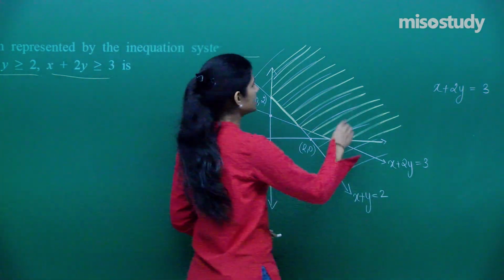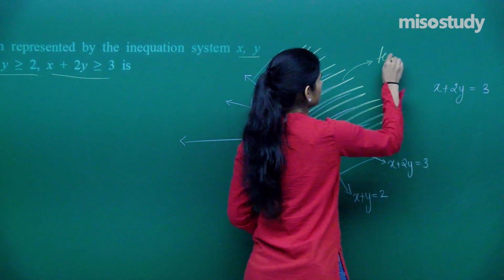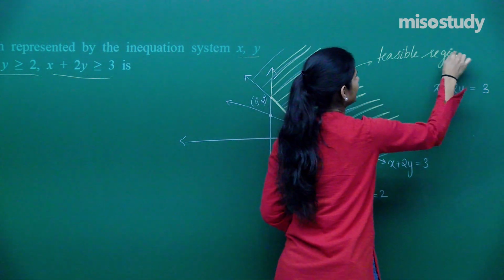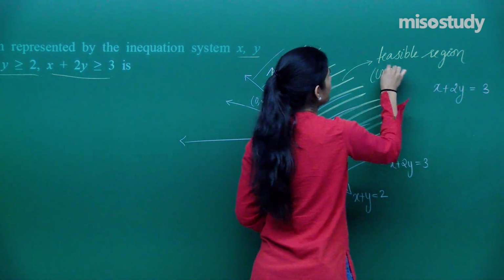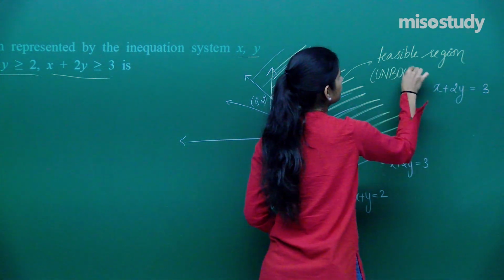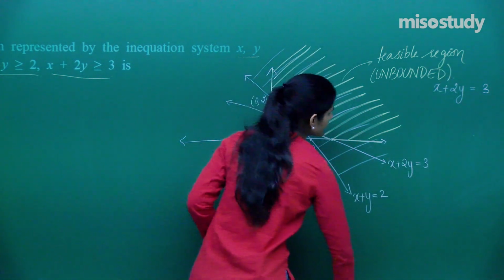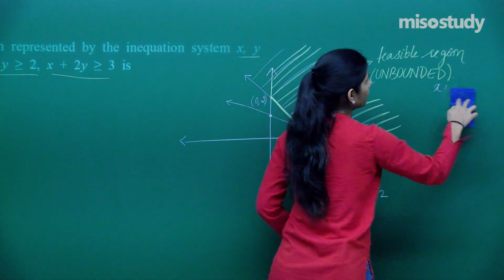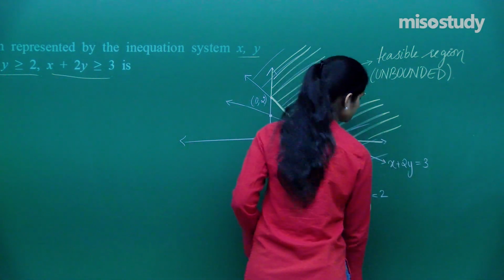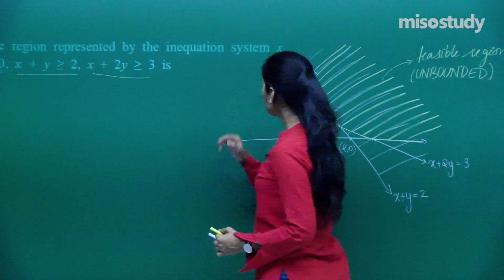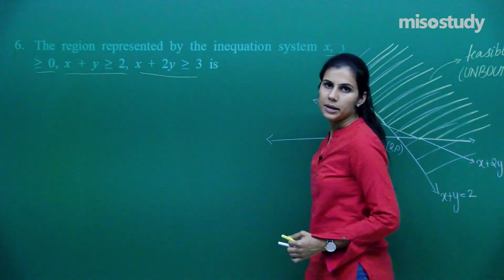This is my feasible region. And the nature of this feasible region is that it is unbounded. Understood? So the region represented by this inequation system is an unbounded region.